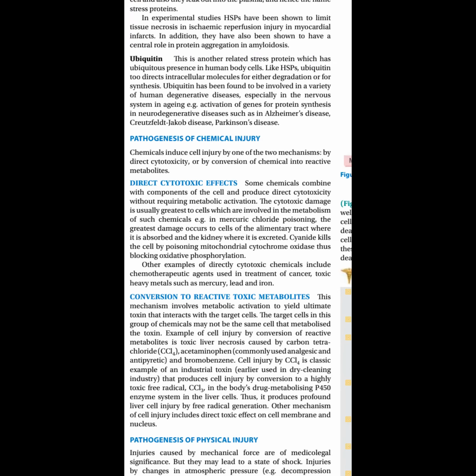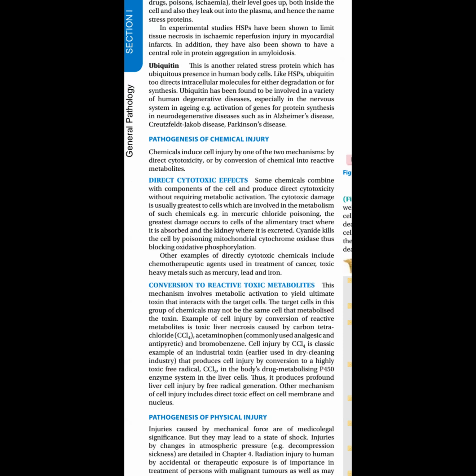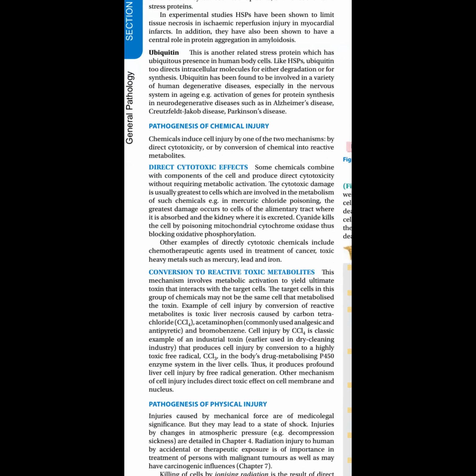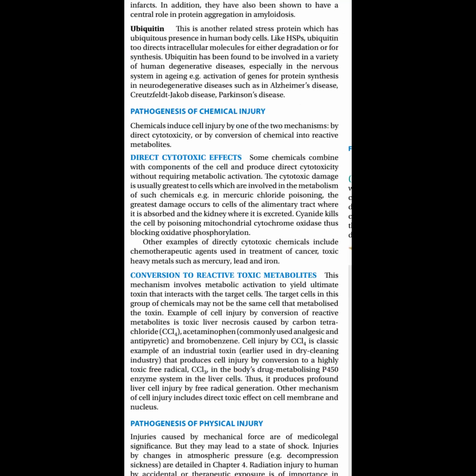Examples are mercuric chloride poisoning. This element is present in workplaces like painting or POP work in large constructions. This is the chemical present in that. So the people working in construction, in painting and other colour work, get this toxin.